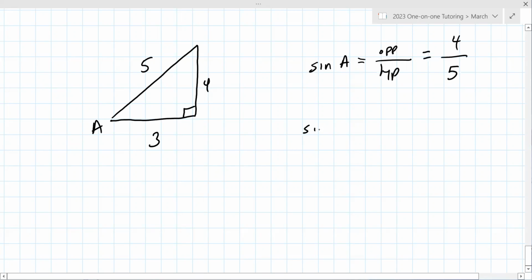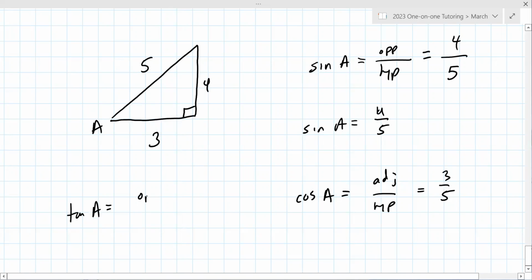So the sine of A equals 4/5. Cosine of A is the adjacent over the hypotenuse, so it'll be 3/5. The tangent of A is the opposite over the adjacent, which would be 4/3.